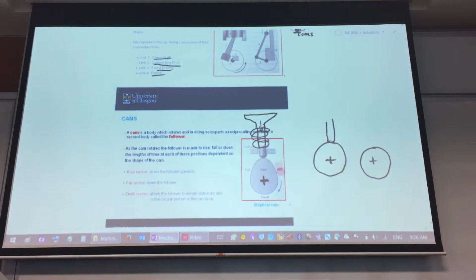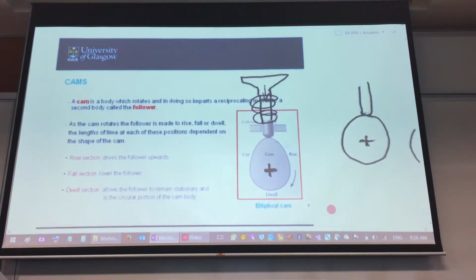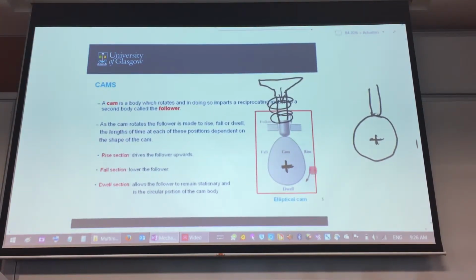If your cam were rotating in the clockwise direction, so this direction indicates clockwise, you can almost see that if you start from here, the egg shape is going to be kind of like that, right? If you start from there, it's going to go through that motion before it will experience this rise part of it.